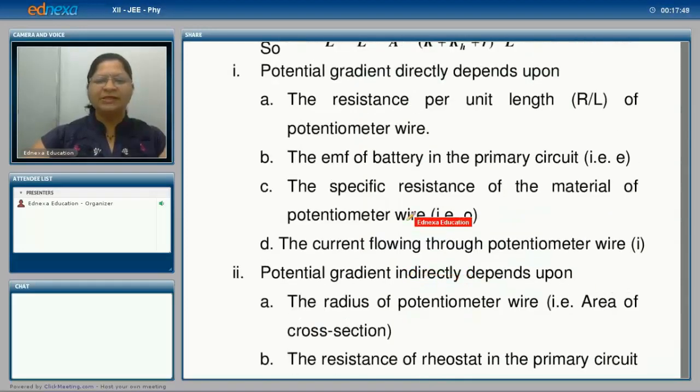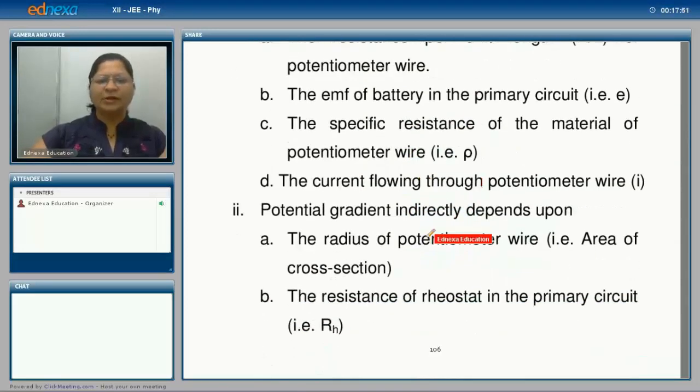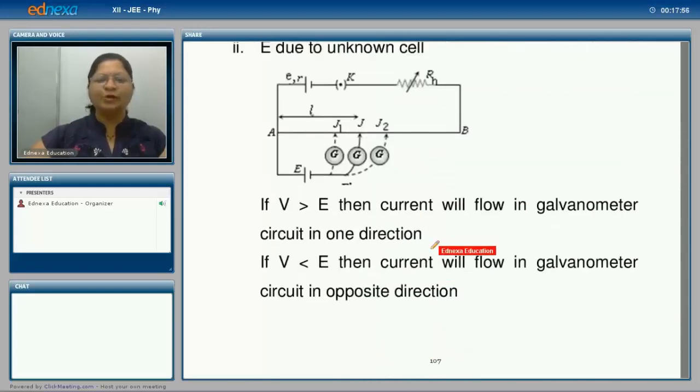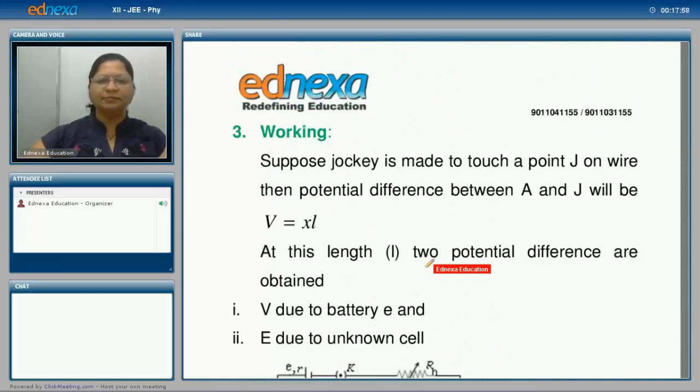So remember these points also, so that you will be able to answer the problems correctly.